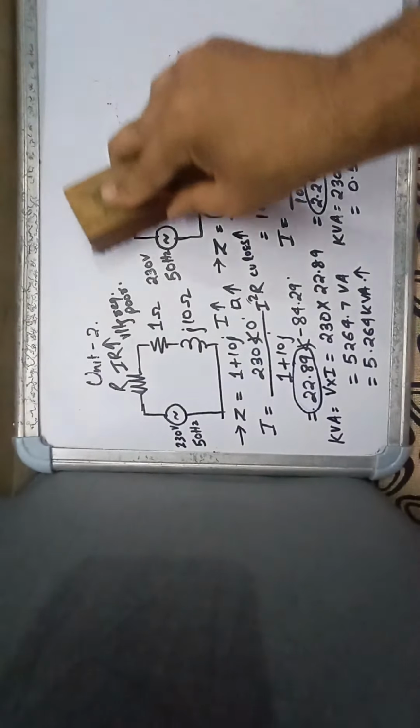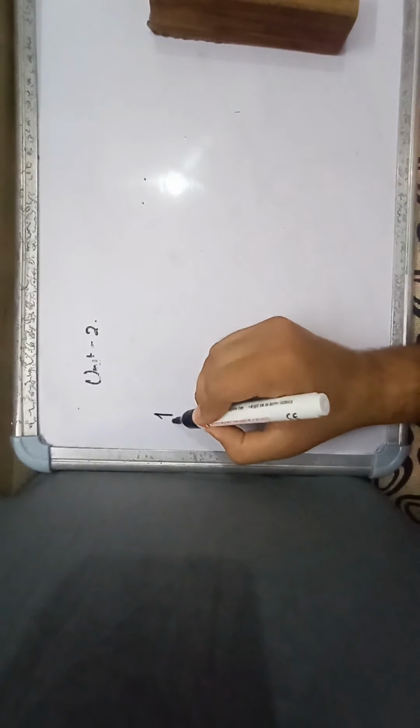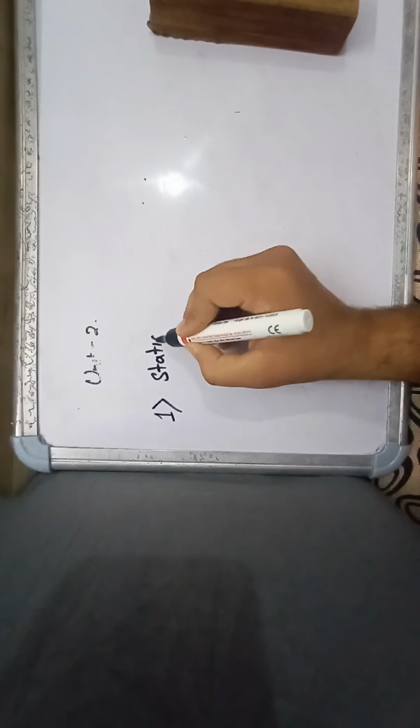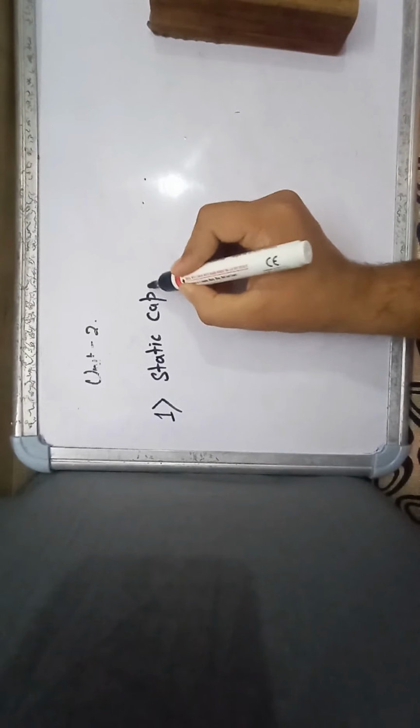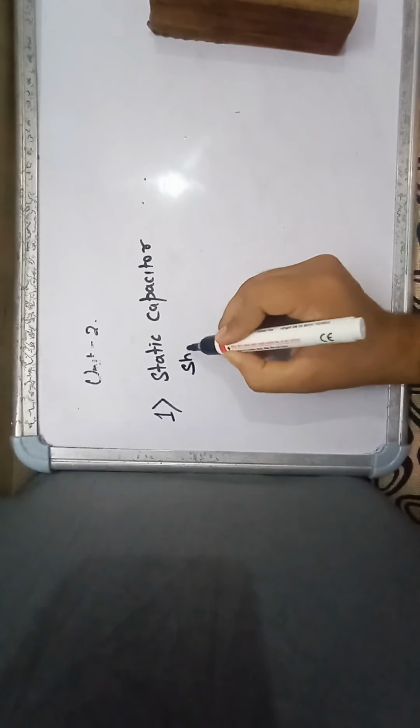So what are the methods we can use? As you have just seen, by just simply adding a capacitor, it can affect things largely. So there are some methods, like adding a static capacitor. This static capacitor is simply a shunt capacitor.